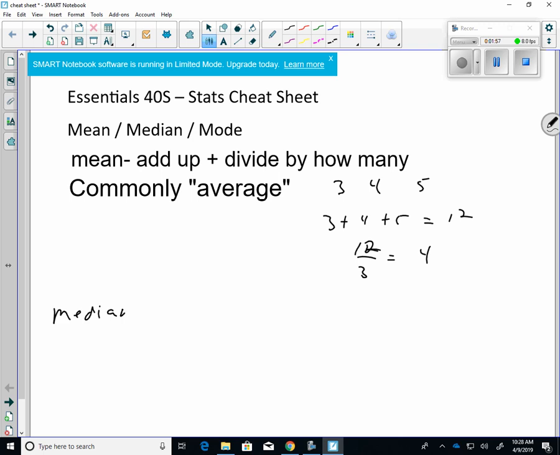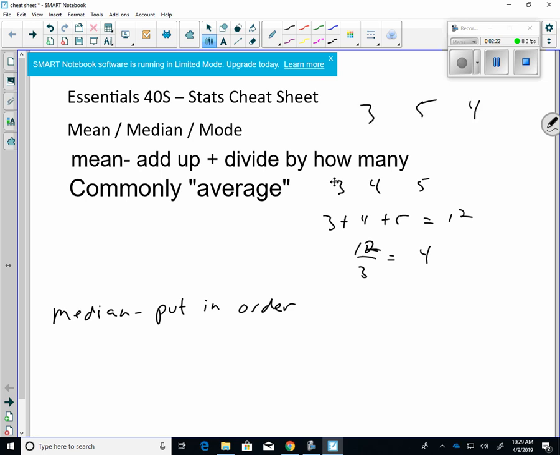How do you find the median? So wait, for the mean, couldn't you just go from the end and count in? No, that's the median. You could do that. The mean, you have to add them up. Well, because they're already in order, right? Put them in order and go from the end.